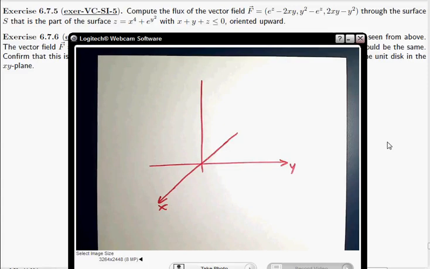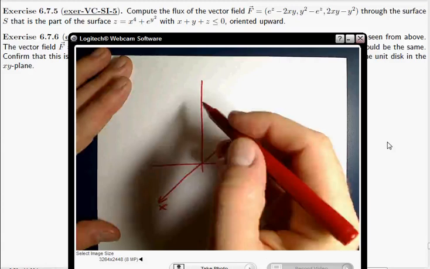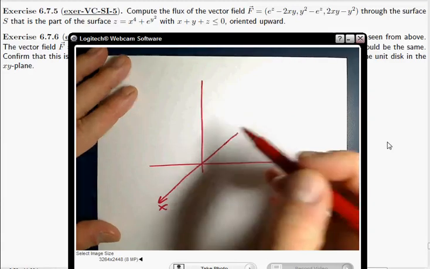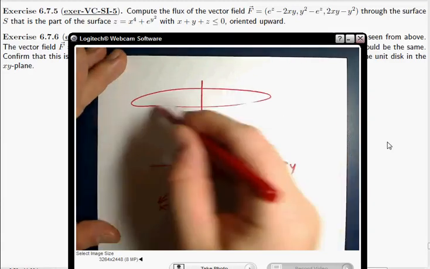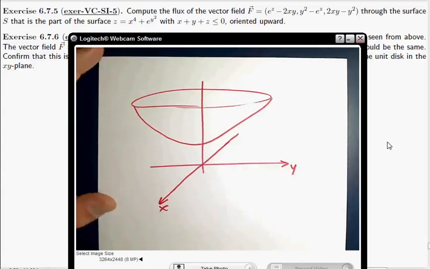And e to the y squared is even more than that, another increasing on each side. Roughly speaking, this looks a lot like a paraboloid.